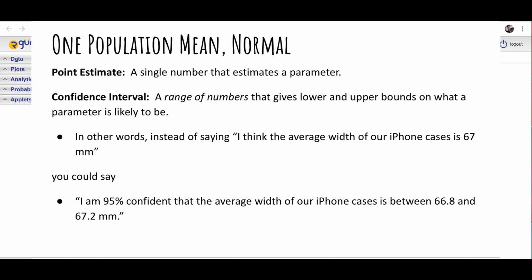In later sections, we're also going to talk about finding confidence intervals that estimate a population proportion. This particular section is going to give a lot of the basics of confidence intervals that will apply to confidence intervals that estimate means as well as proportions.